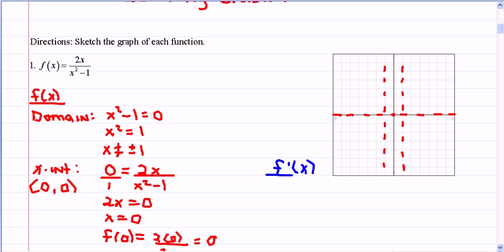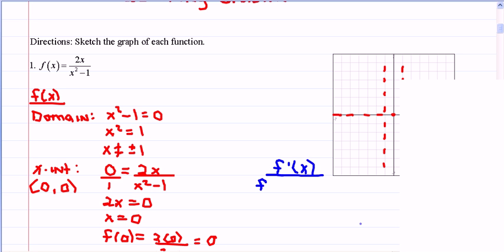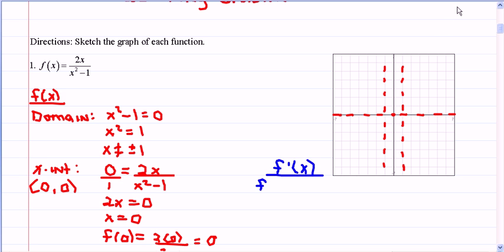Now that I'm finished with f of x, I move on to the first derivative. To find the first derivative, I have to use the quotient rule.